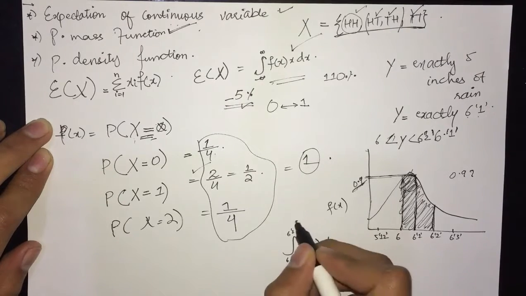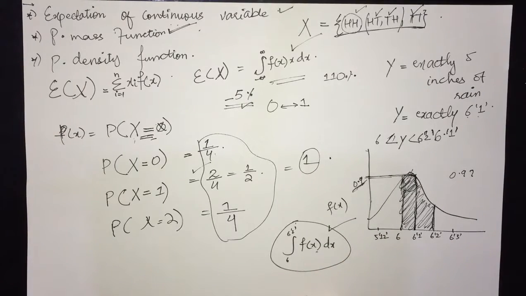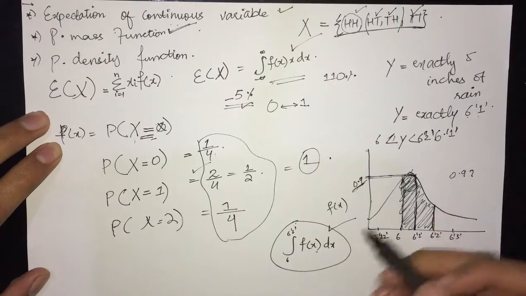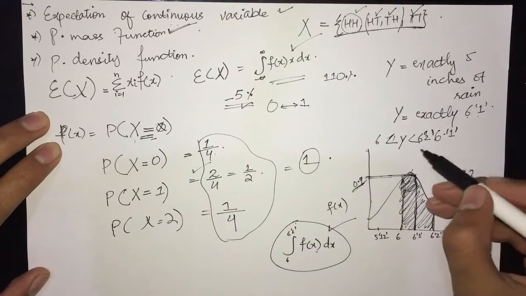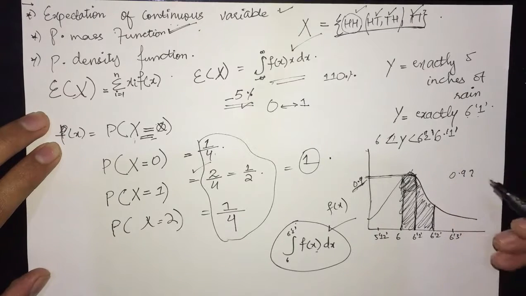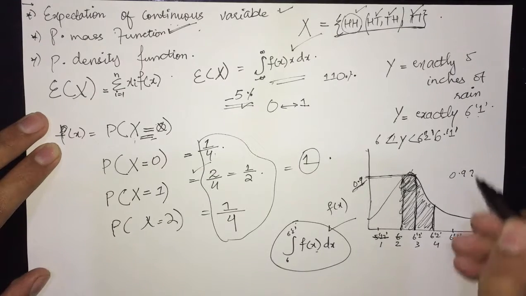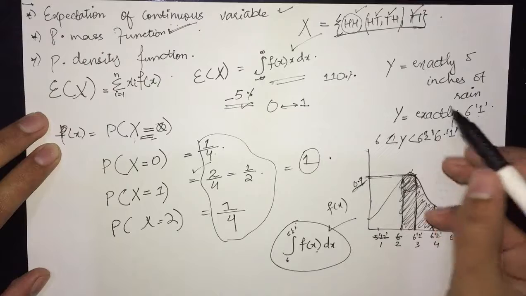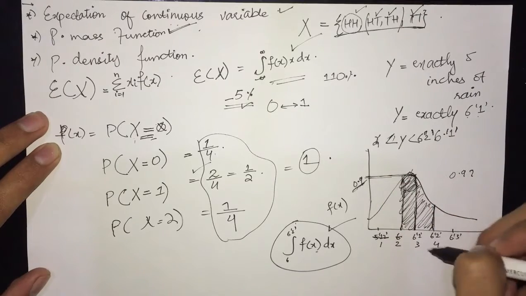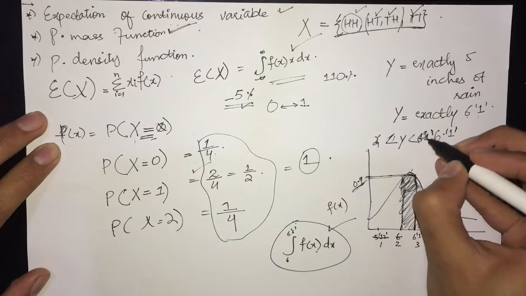This right here is the probability density function. Or you can change these values. For example, you can denote 5 1 as 1, then 2, 3, 4. So for 6 I'll have to put 2, and for 6 2 I'll have to put 4.